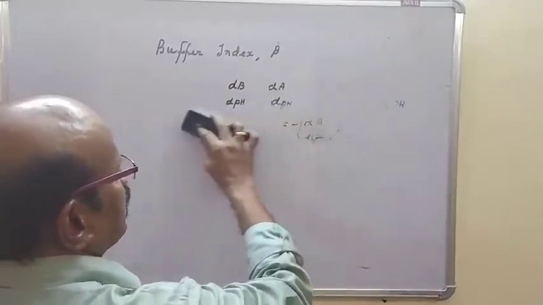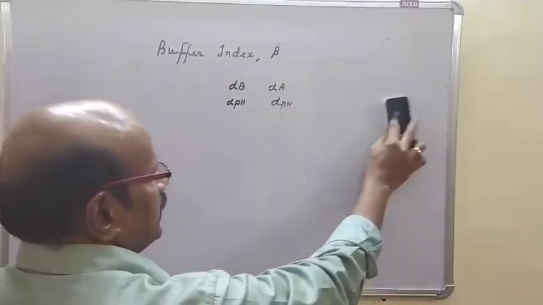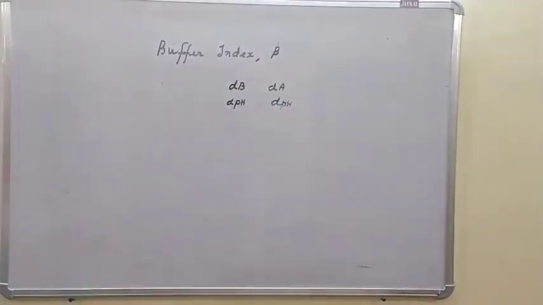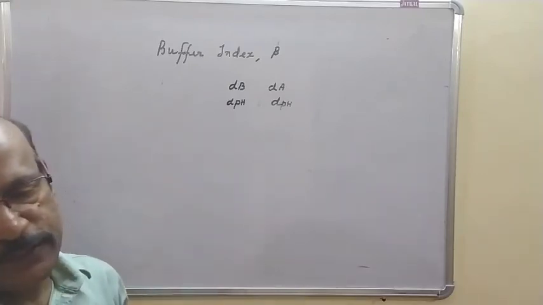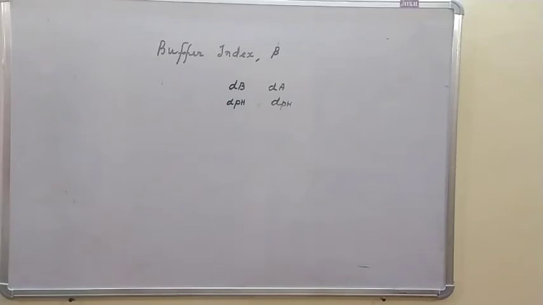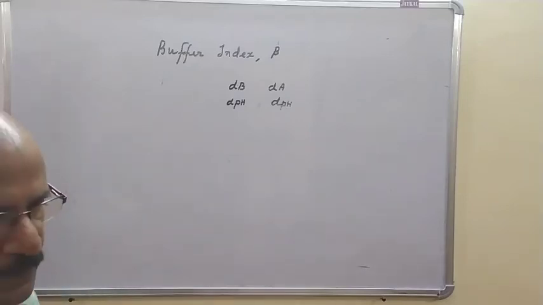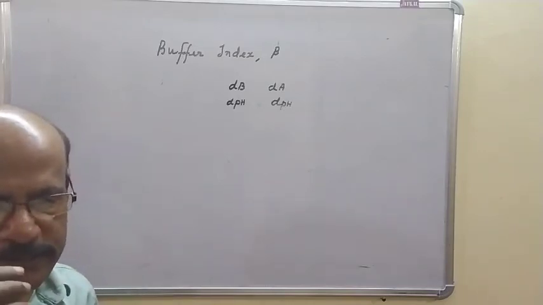So the buffer index is a quantity that represents the buffer capacity of a buffer solution, or it indicates the residual acidity or alkalinity of the solution. It indicates the minimum amount of the acid or base required to change the pH.